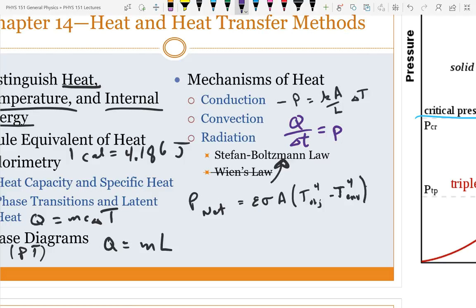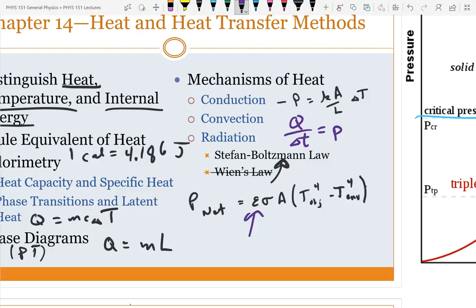For radiation, we have this much more complicated equation. And remember, epsilon, yes, epsilon, that is right, is the emissivity. It's telling us how well something absorbs and emits radiation. If it's black, it's going to have epsilon very close to 1 because that's the perfect color for absorbing or emitting radiation.